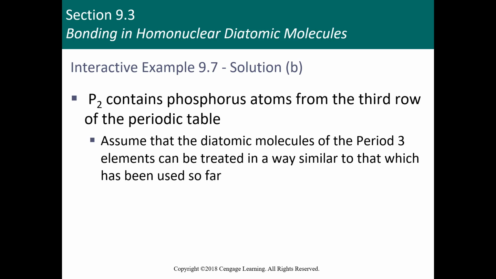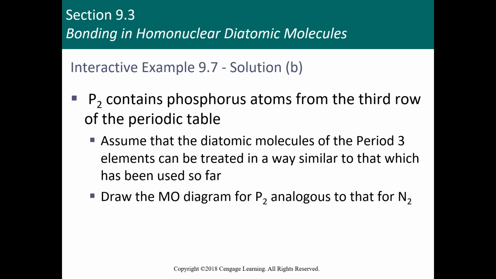So let's assume that diatomic molecules of period 3 elements can be treated in a similar way that we've used so far, that we don't have to do anything different. That's a nice assumption because it keeps us from having to do a lot of extra work, and that extra work wouldn't actually do us any good. So let's draw this molecular orbital diagram.